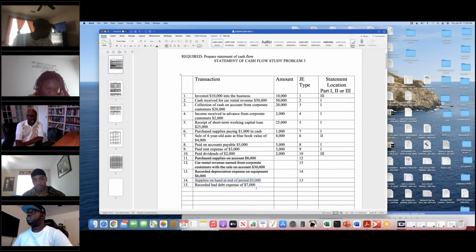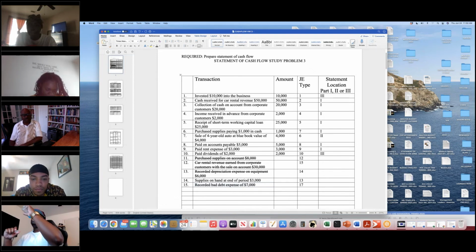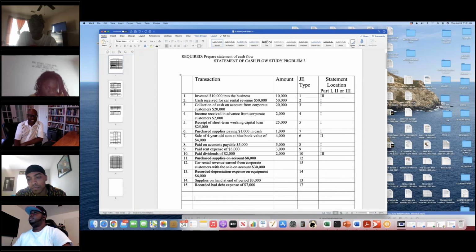And then record a bad debt expense. What type is that? 17. What we're gonna do? Scratch it. Remember, the adjusting entries don't involve cash. So you only had 1, 2, 3, 4, 5, 6, 7, 8, 9, 10.